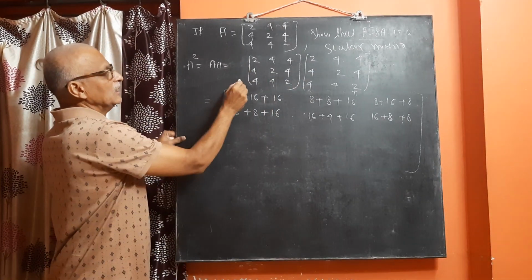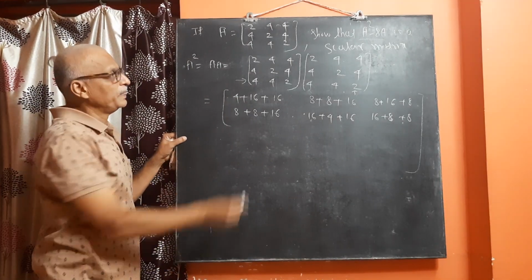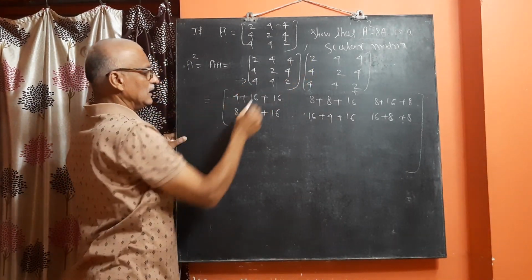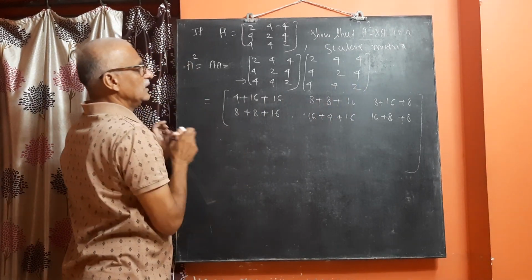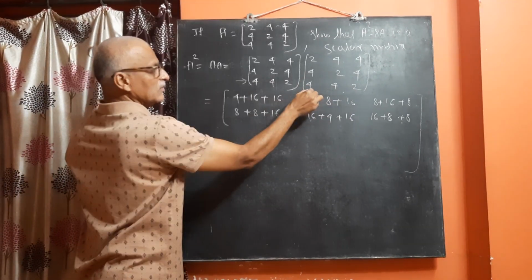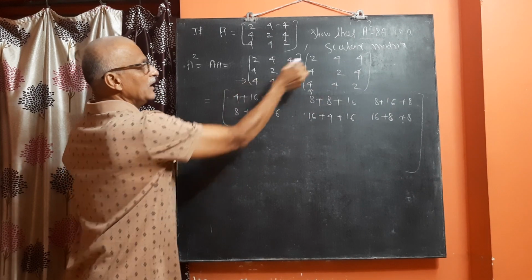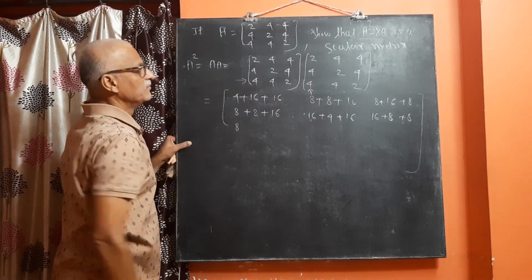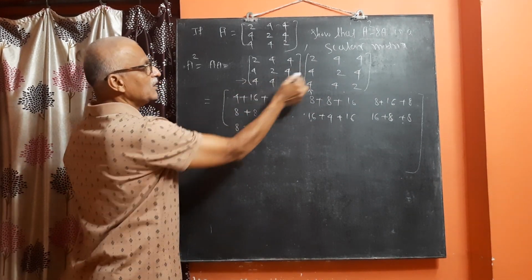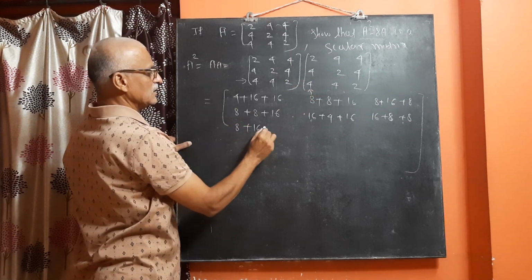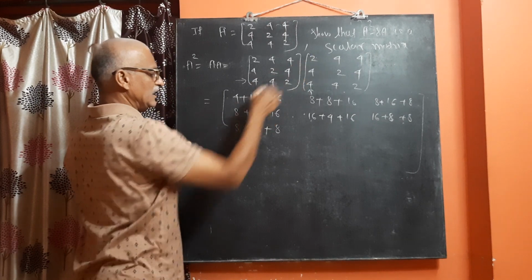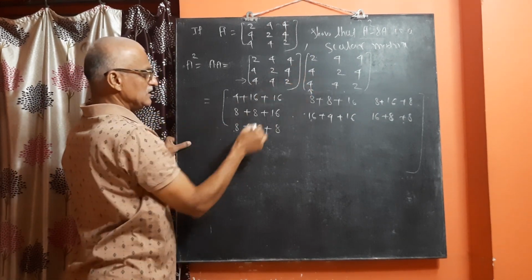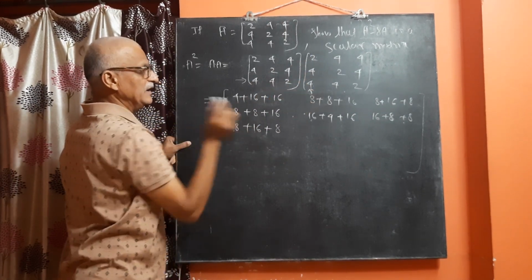Then third row, first column: 4 into 2 is 8, plus 4 into 4 is 16, plus 2 into 4 is 8.